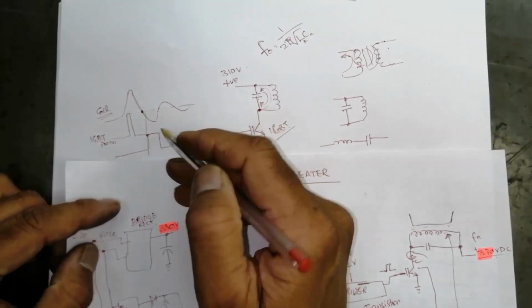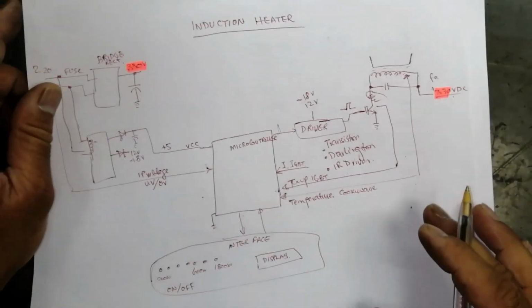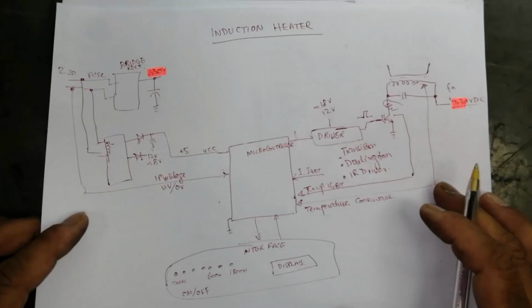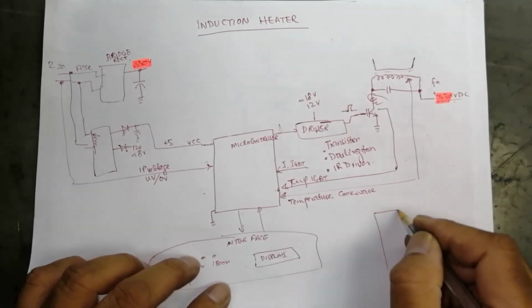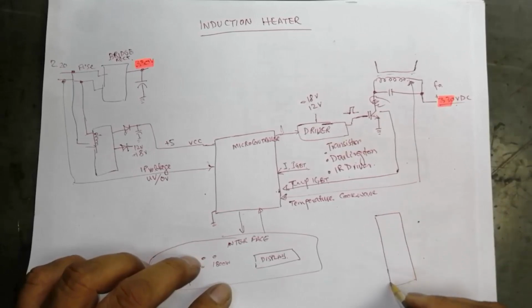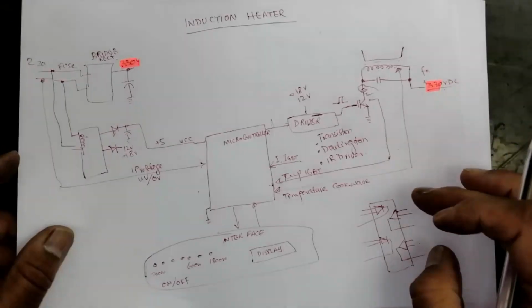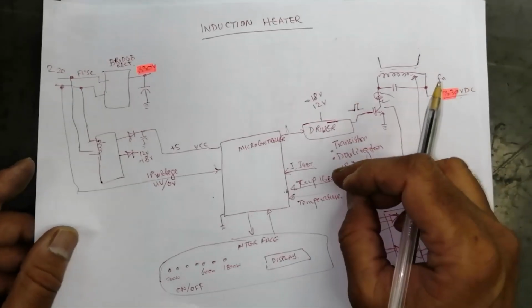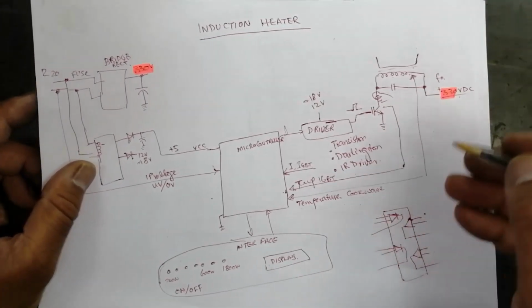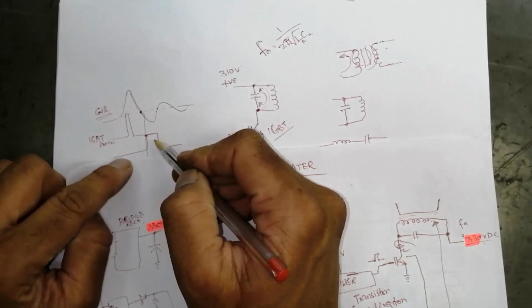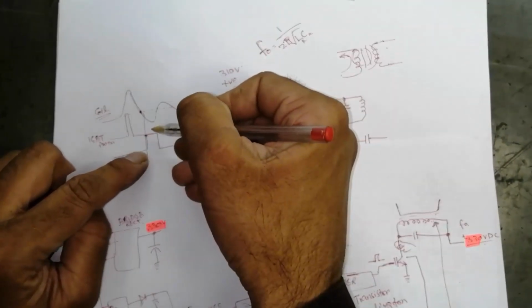So this pulse will be detected, and how it will be detected, sometimes we have a 741 series used to check the coil voltage. What is the coil voltage? What is the pulse? The coil pulse, the return pulse.